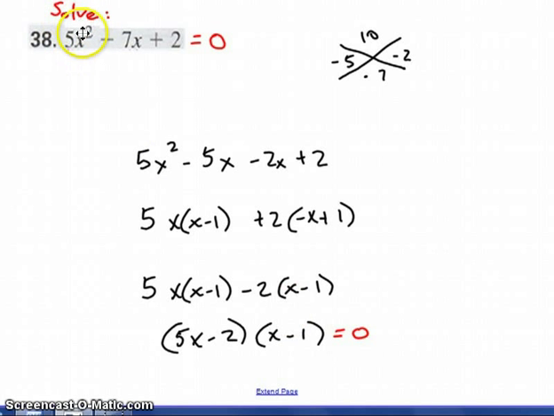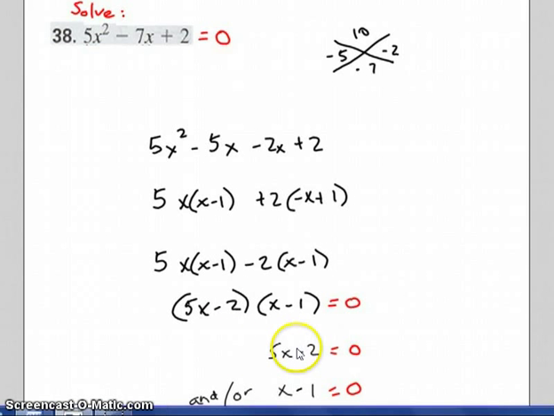So in order to solve this, what you do is go through the process of factoring, and then the only way these two things could multiply to make 0 is if either 5x minus 2 is 0, or, and, x minus 1 is 0. So either x is 2/5, sorry about that, and or x is 1. That's the pair of answers, the set of answers I would expect to see if I'd asked you to solve this expression instead as an equation.